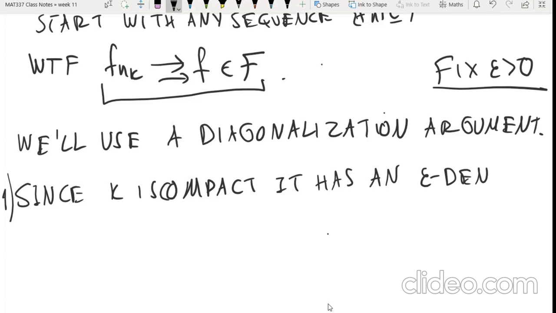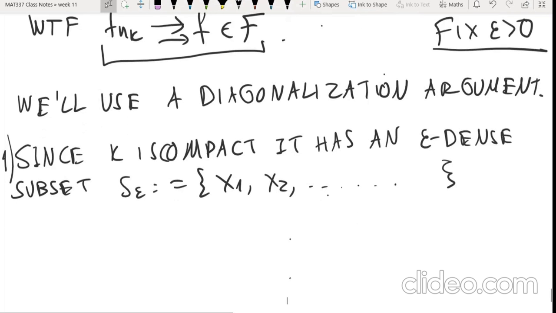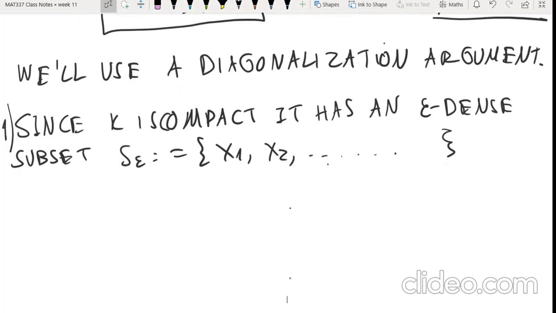It has an epsilon-dense subset, countable, x1, x2, to infinity. No, so we had it to be finite. Yes, so epsilon-dense set was finite. So we took dyadics. Okay, good.